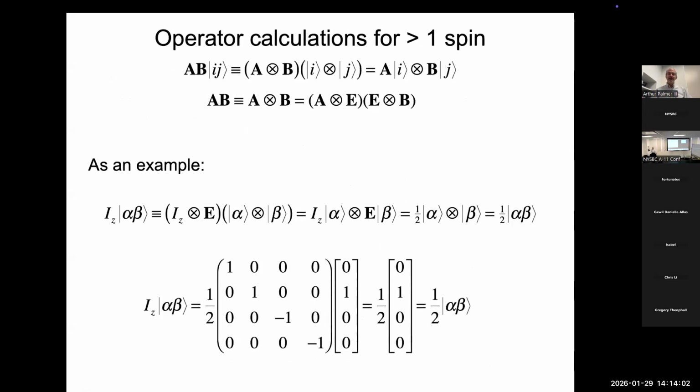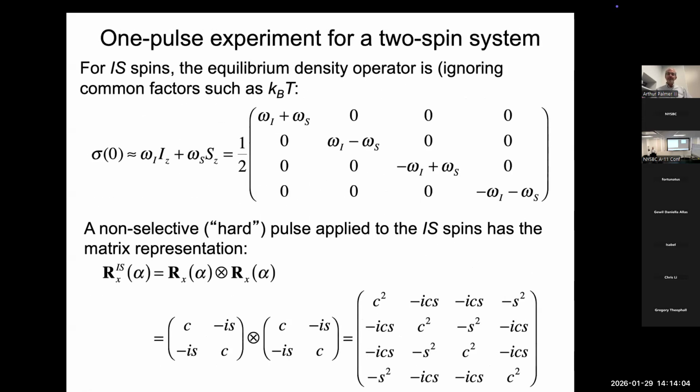So here I just have the relative numbers. And many times, if it was a homonuclear system, I wouldn't even show the omegas because they would be the same for two hydrogens.